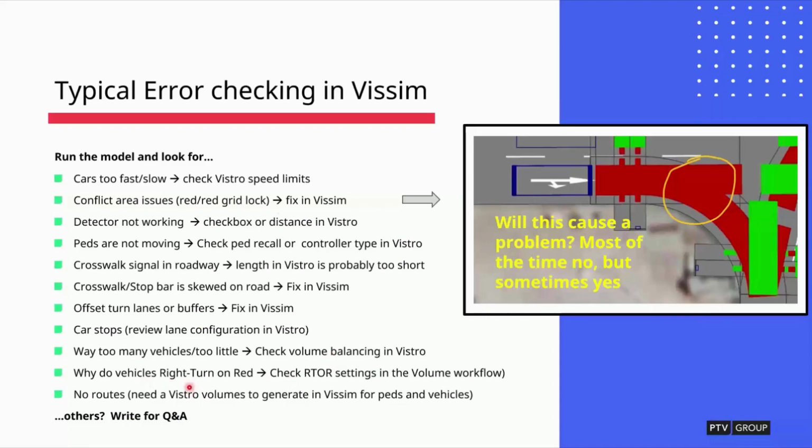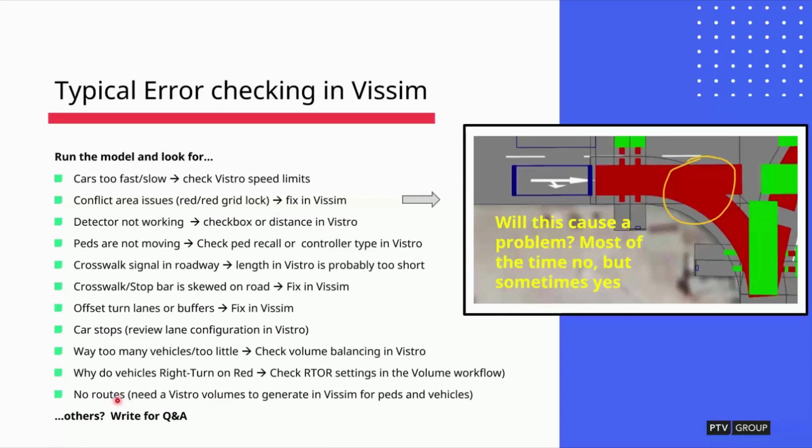And the last two here, if you have right turn on red on, vehicles will turn right on red in Vissim. And if it's off, they won't. So make sure you have the right turn on red settings correct. And lastly, if you don't have a Vistro volume, with pedestrians and with vehicles, you will not get a route generated in A&M.